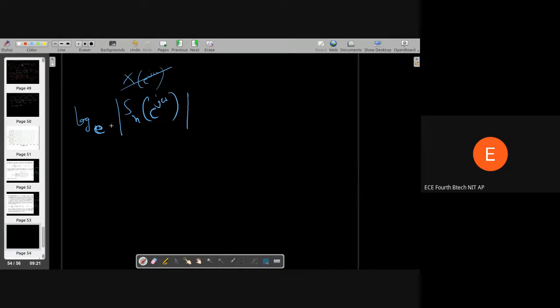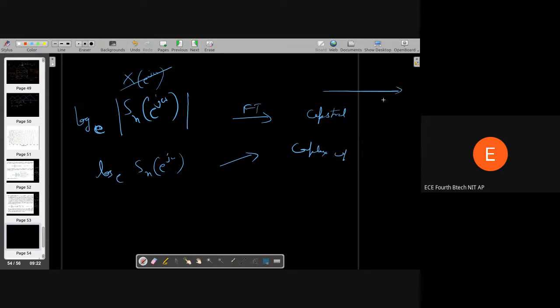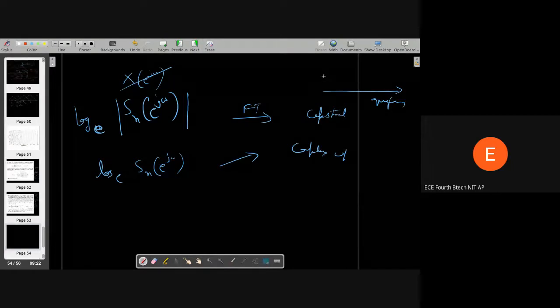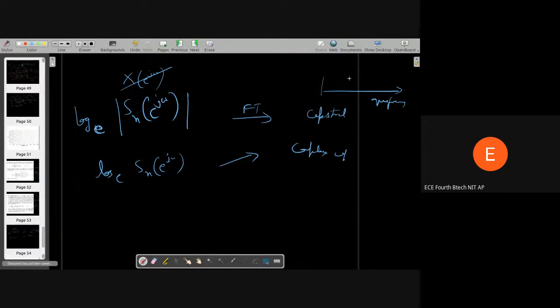Nevertheless, we took the log of the magnitude spectrum, and then when we took the Fourier transform of that, we got cepstral coefficients. And if we simply took the log of the spectrum, we got the complex cepstrum. Then we did high time liftering, and all that.